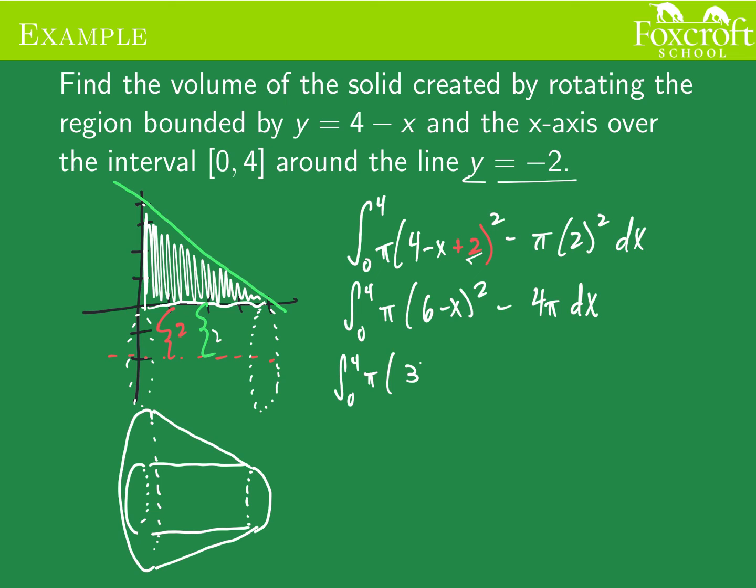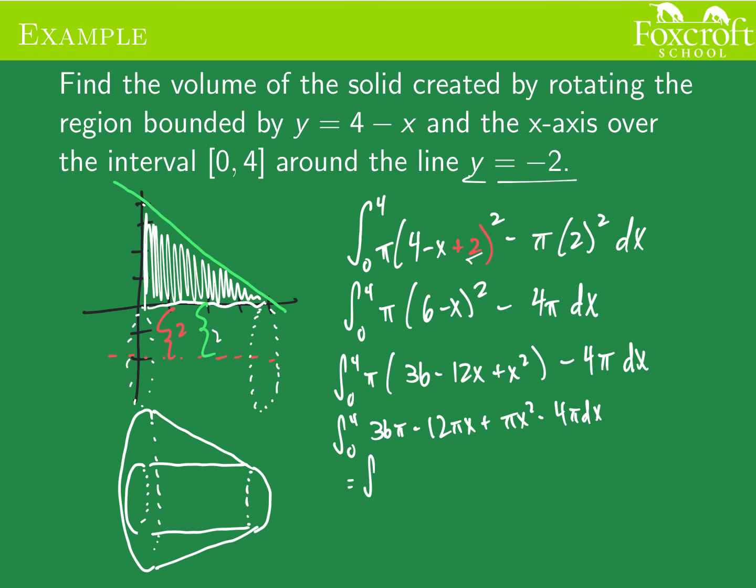It's going to be 36 minus 12x plus x squared minus 4. I could even go ahead and combine like terms. Again, there's 100 different ways you could actually go about doing these problems, but this is just the way I'm going to do it this time.